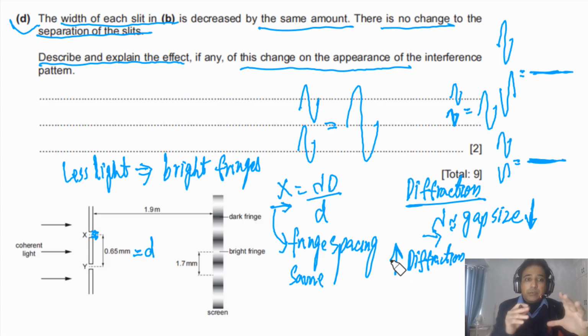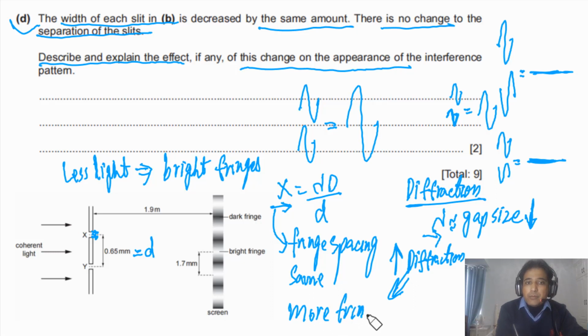It means the waves coming out of the slits will spread out more. So we will see more bright fringes, a greater number of bright fringes on the screen, because diffraction increases.